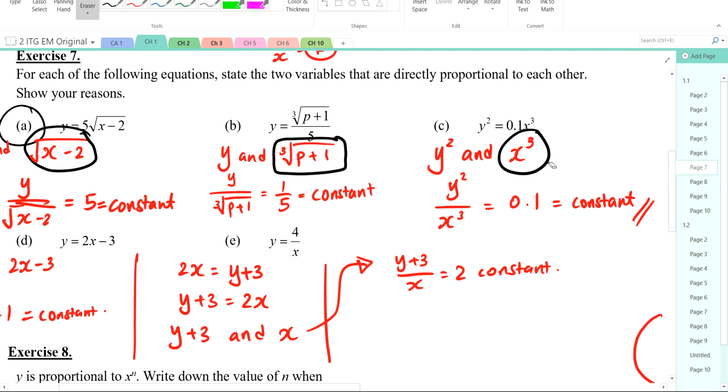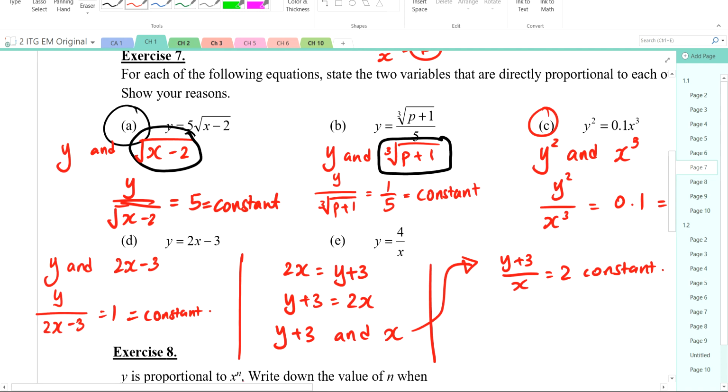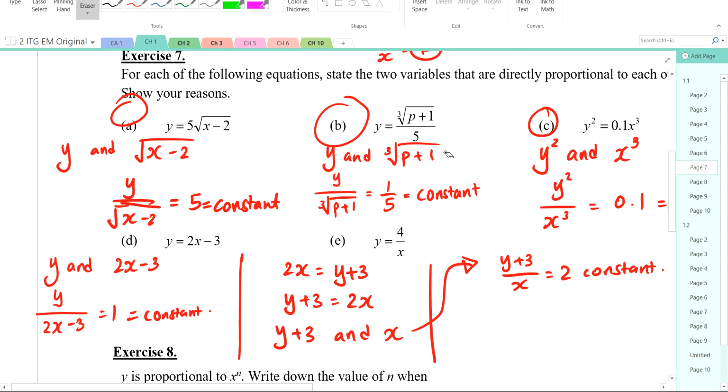Okay, part C, do you need me to go through this one? Okay, hang on first. I will come to part D later. Let's start with part A again. Who needs help with part A? Part B? Okay, so let's try part B.